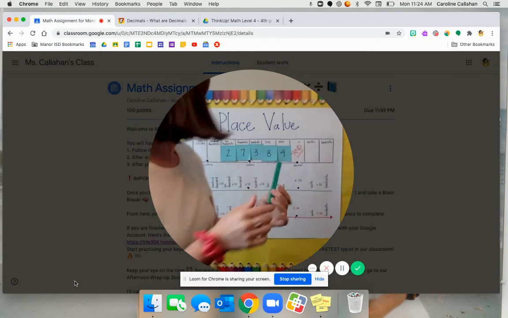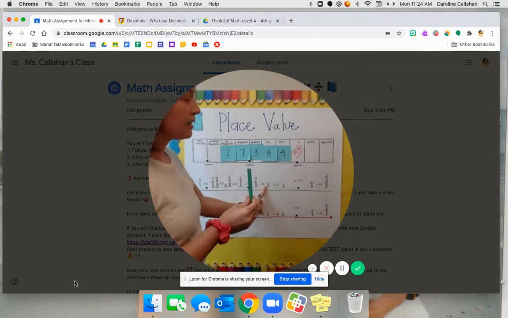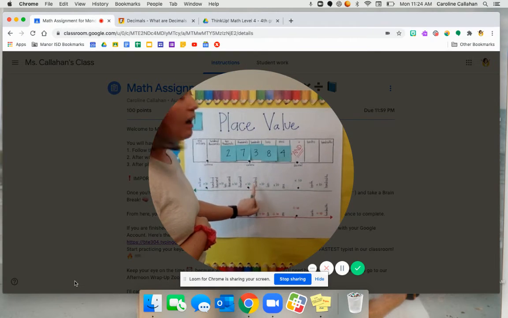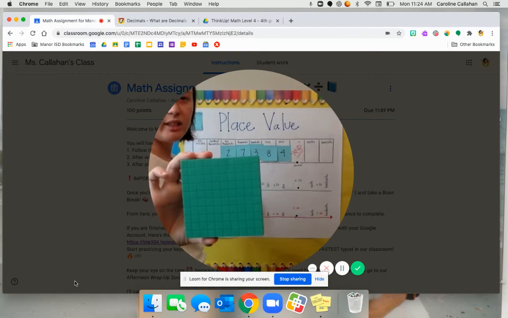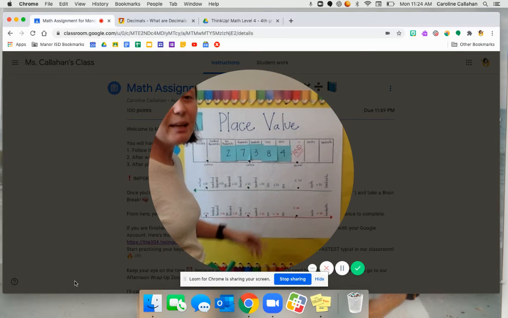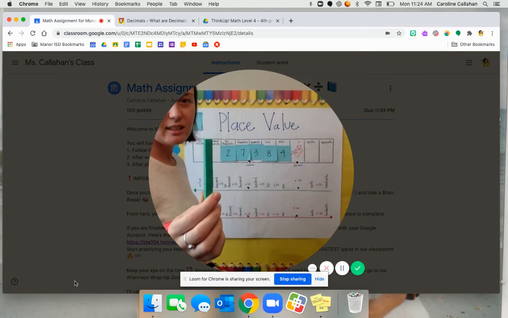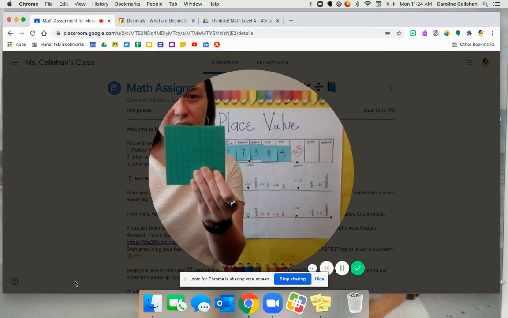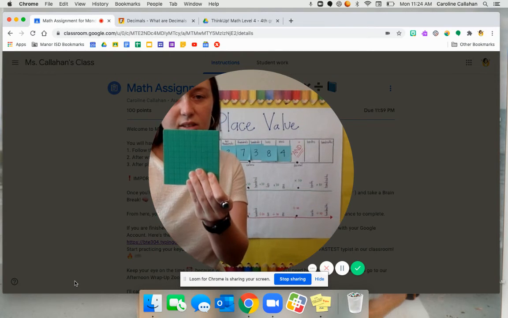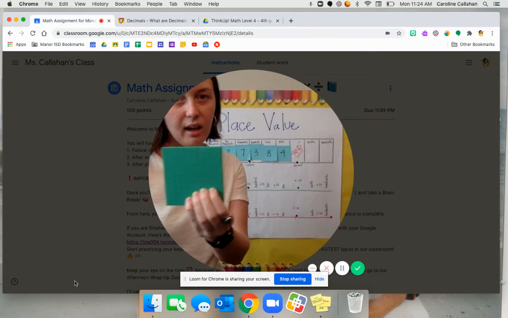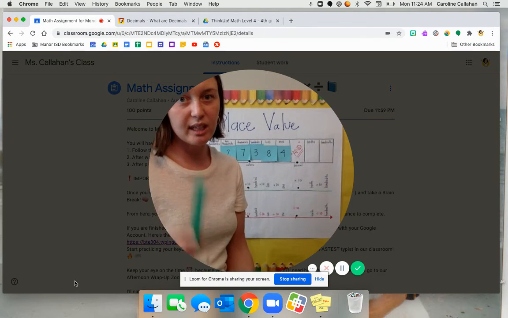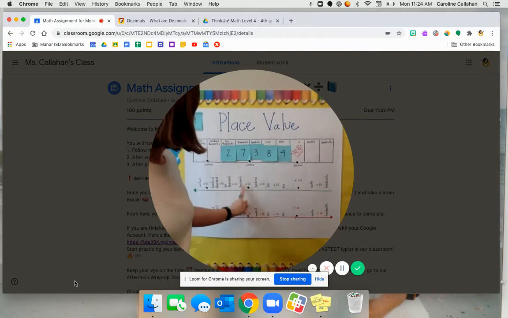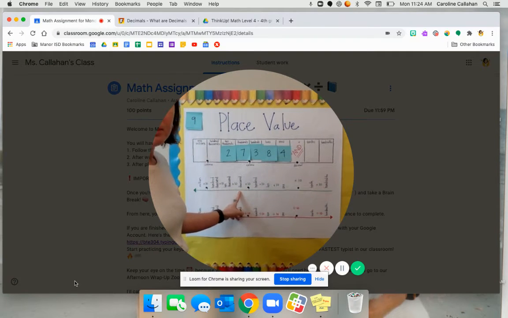Then, when we look at the tens place and the hundreds place, we know that 100, one of these, is 10 times greater than a long. So in 100, there are 10 longs. So 100 is 10 times greater than one long, right? Same thing goes for the thousands place.